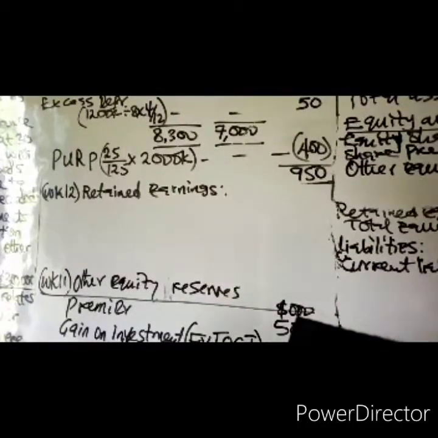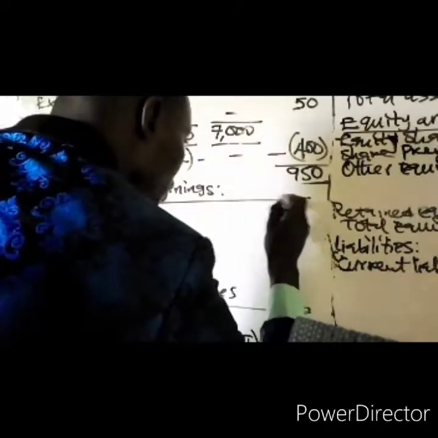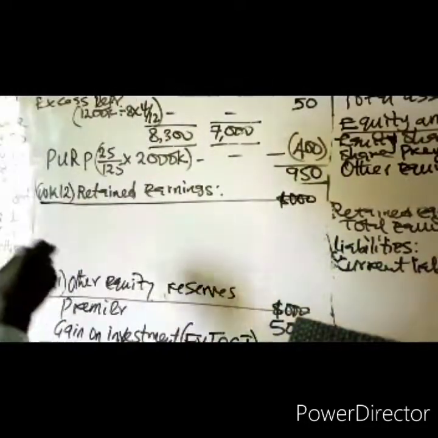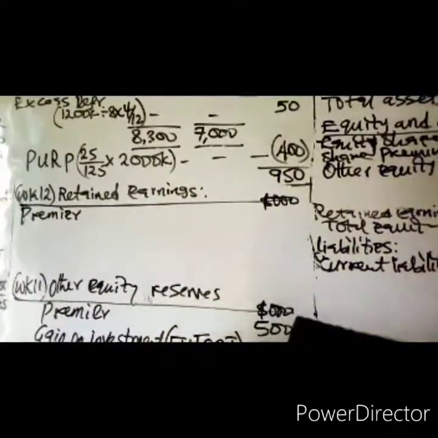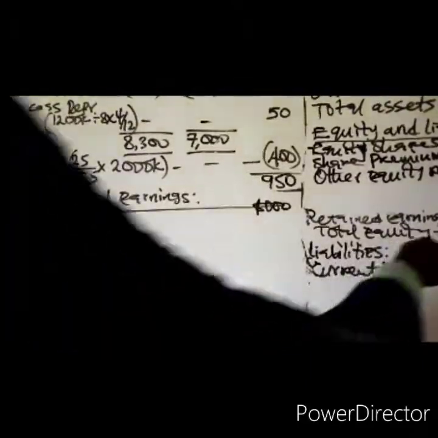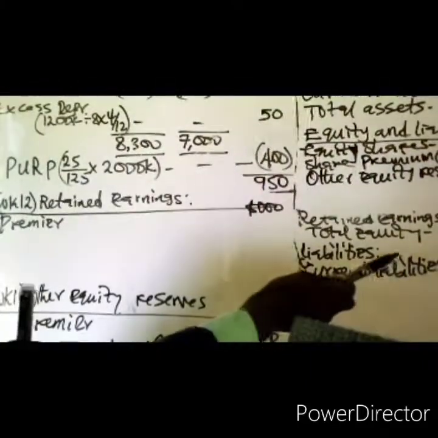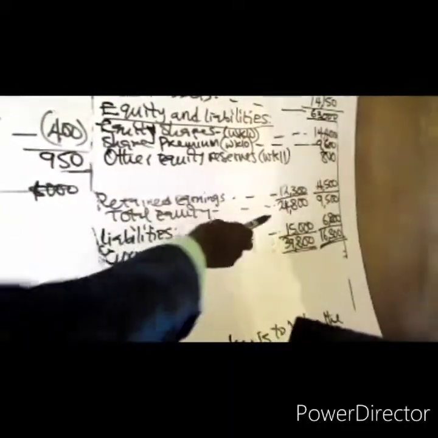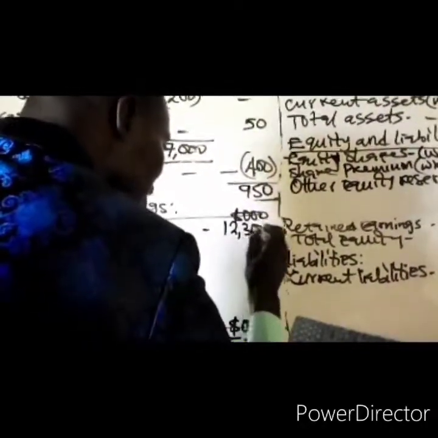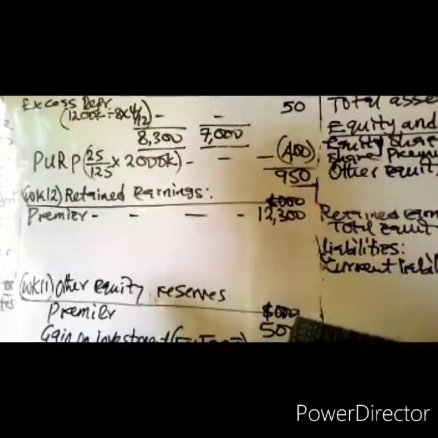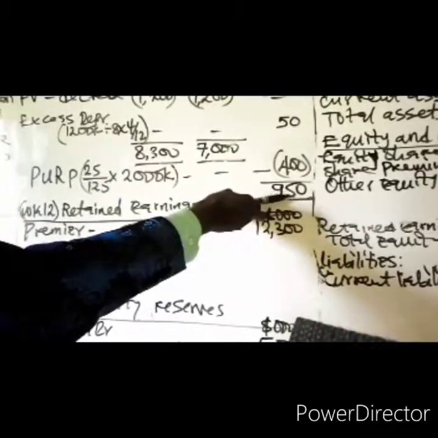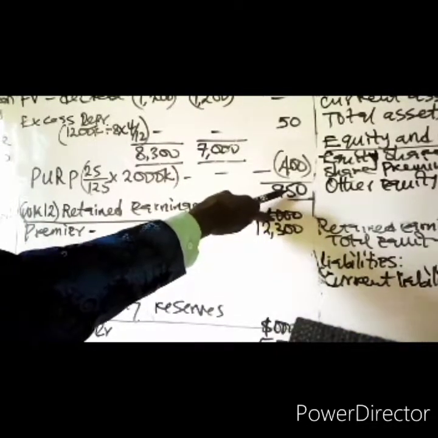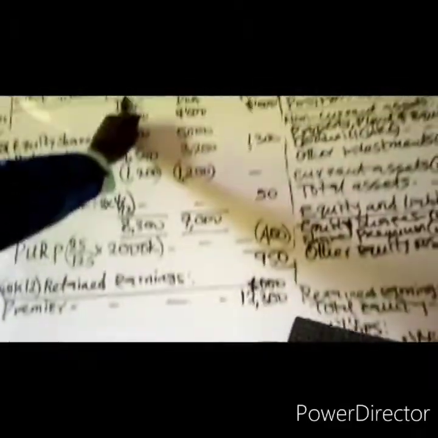Retained earnings. So we have that of the parent, Premier. Retained earnings of the parent is 12,300. Then we now have parent share of the adjusted post-acquisition profit of the subsidiary, which has been calculated to be 950 in our working four, the summary of subsidiary net assets.